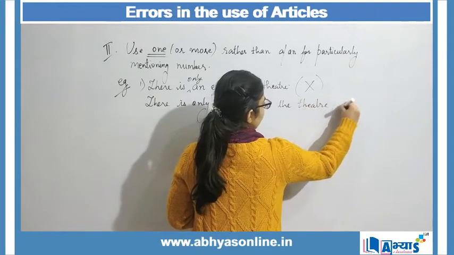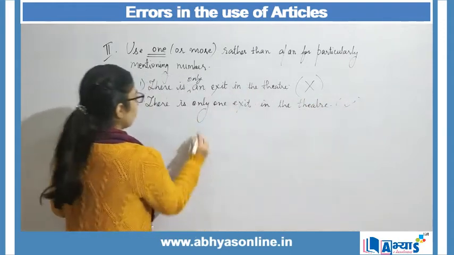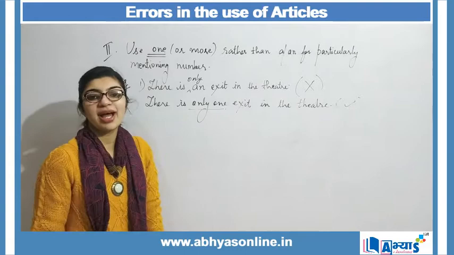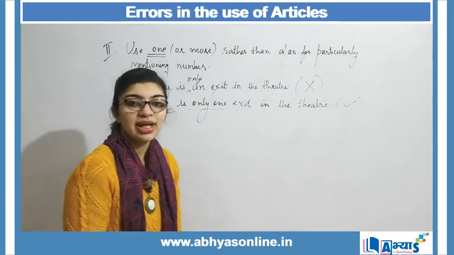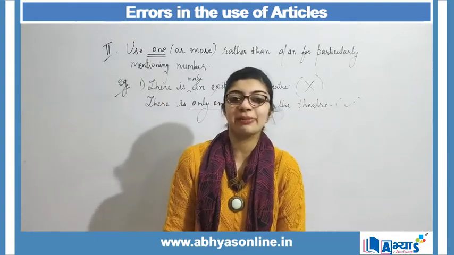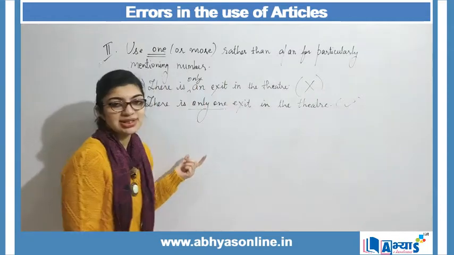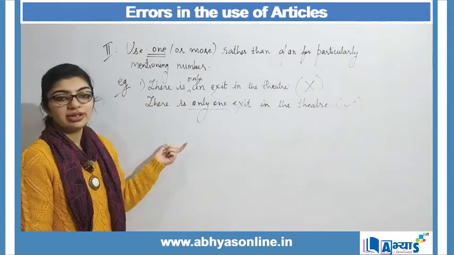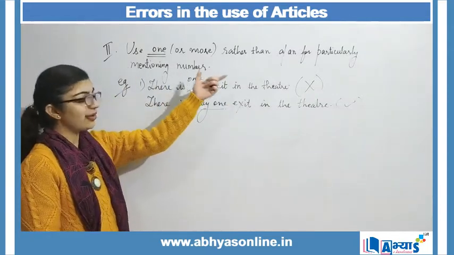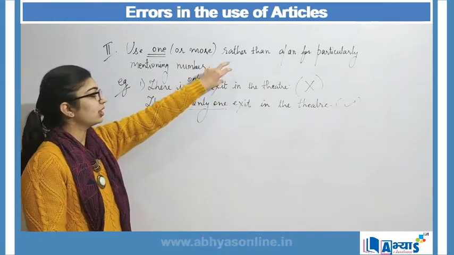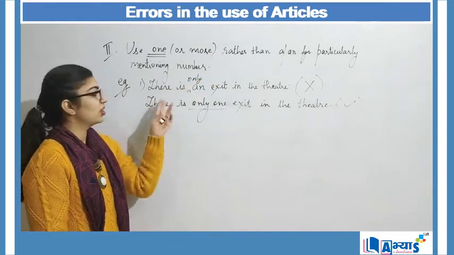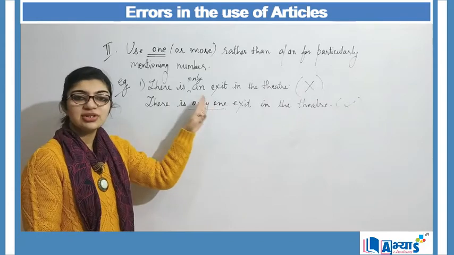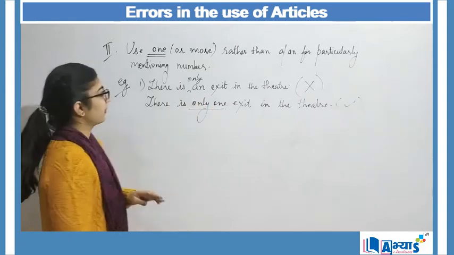And when I say only one exit, it makes my sentence sound correct and meaningful without any mistake. So this was the error in the usage of a or an, that when we are particularly focusing on a number, we do not mention a or an, we just directly write that number.